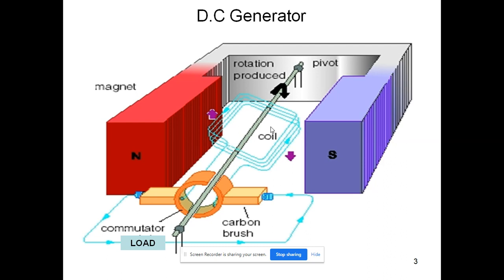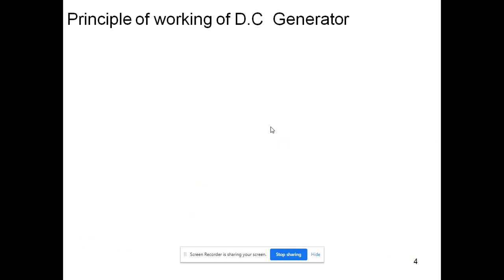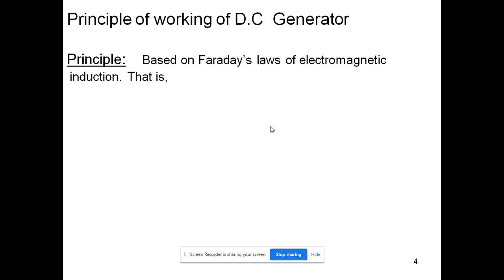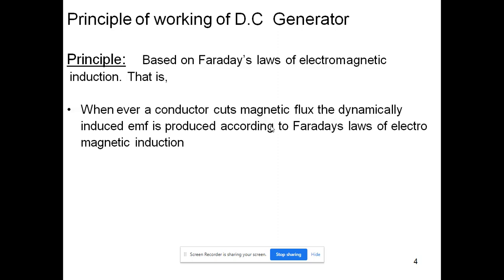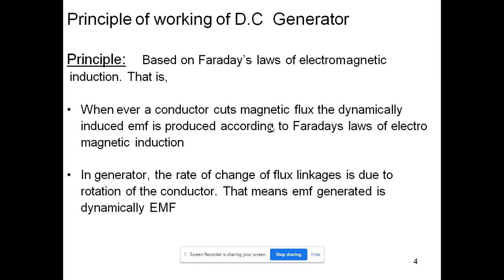This is nothing but Faraday's laws. Let us see the principle of working of DC generator. Faraday's law says that whenever a conductor cuts the magnetic flux, an EMF is induced.